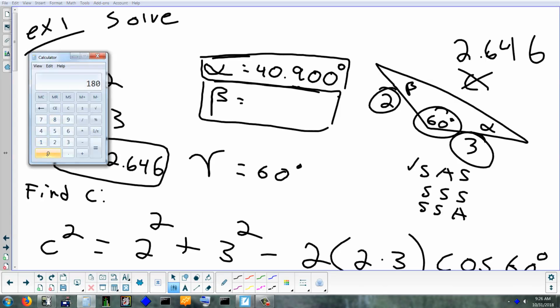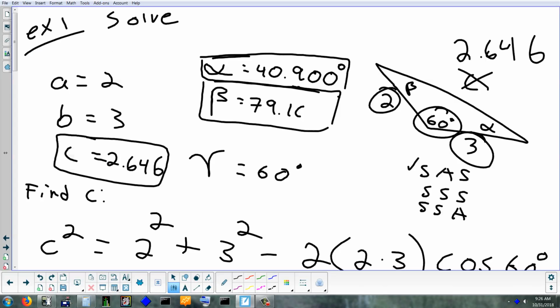So 180 minus 60 minus 40.9 gives me 79.100. I'm just going to check, make sure the biggest side is with the biggest angle. Yep. Smallest side, smallest angle. It seems reasonable.